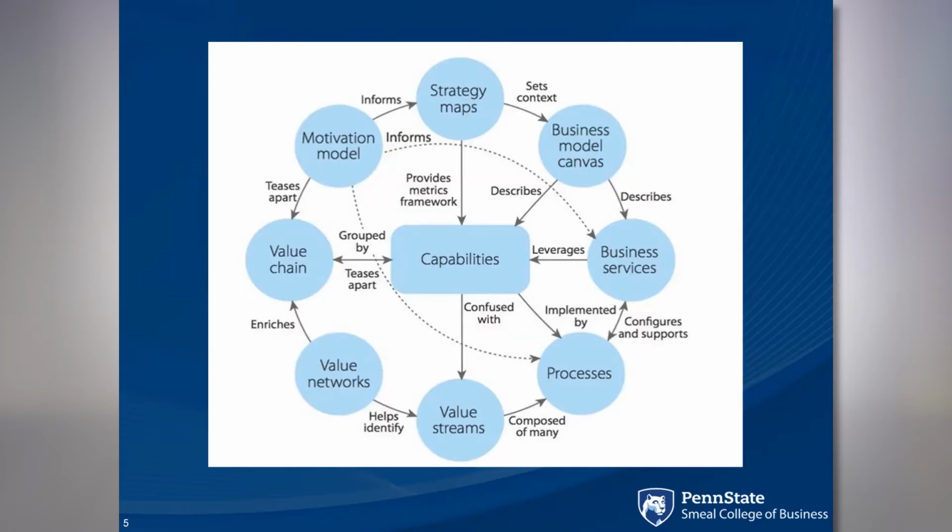We do this in part by modeling the organization on a variety of different levels and in different areas, starting with strategy maps and then going into many other different levels of abstraction through processes, oftentimes centering our thinking and efforts around the capabilities of the organization. So we talk quite a bit about how to understand, model, and measure the value of your business capabilities, because they really provide the heart or the core of many business architecture initiatives.